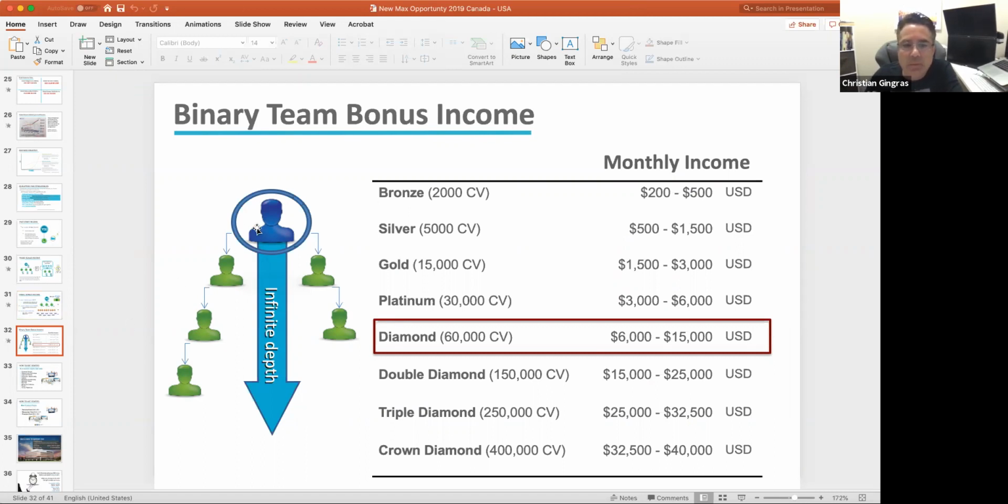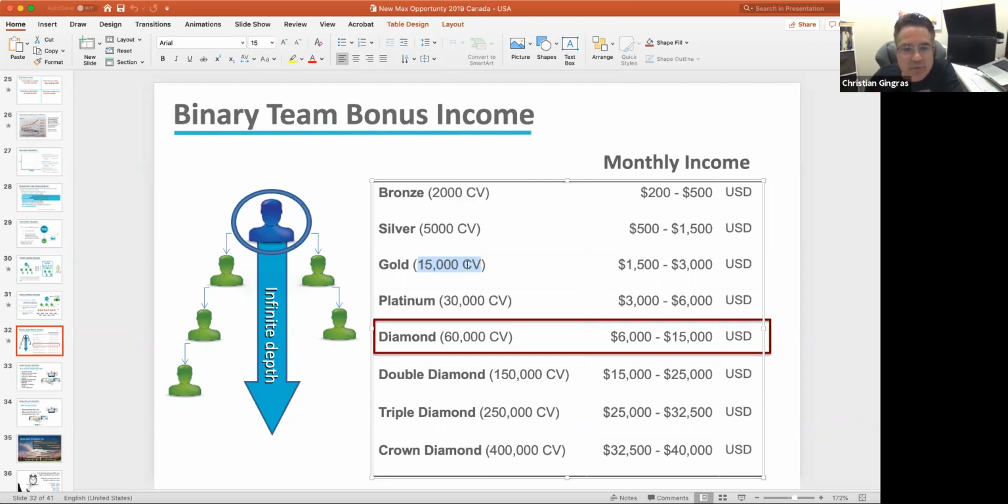And what I want people to understand so they can quantify how to climb the ranks of bronze to silver to gold to platinum and so forth, what's really important to understand is these qualifications that are occurring on the left team and the right team. Same thing for the silver. Same thing for the gold. Okay, and the amounts are increasing because it's not about you doing all the work anymore. It's about the team duplicating the process.